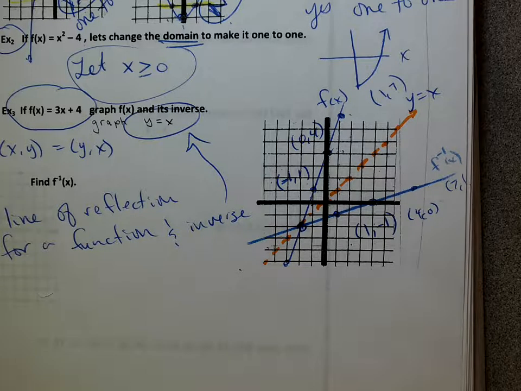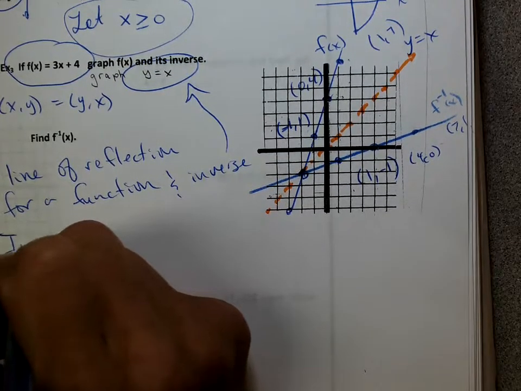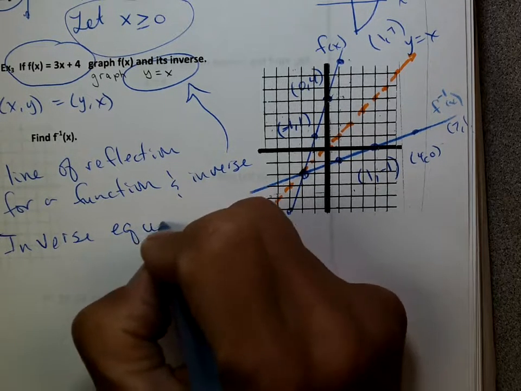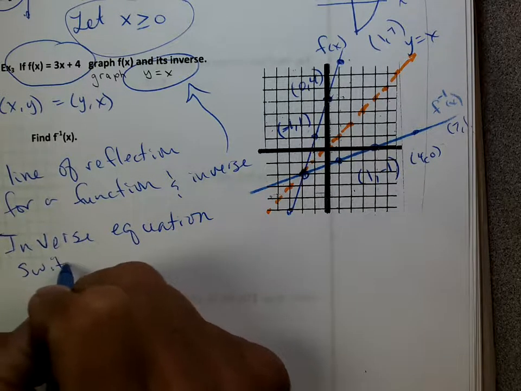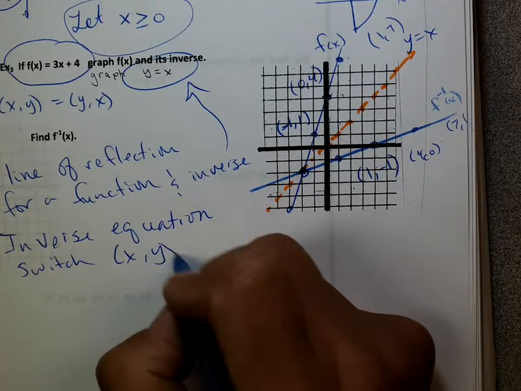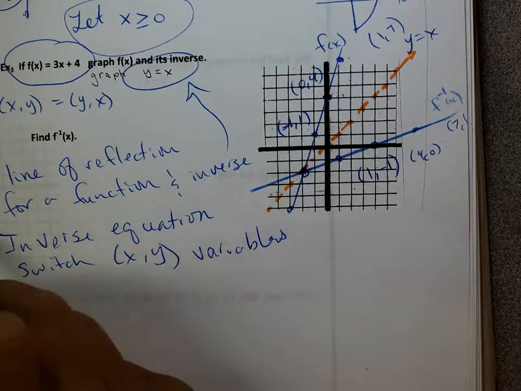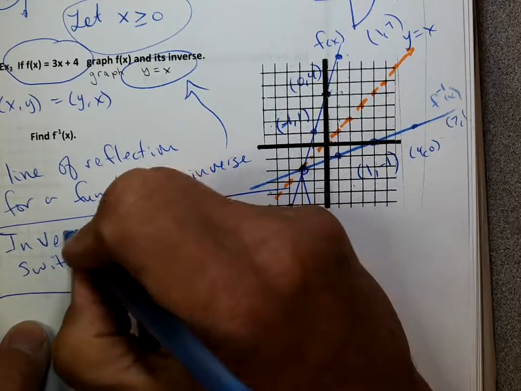So to make my inverse equation, we're going to switch the x and y variables.